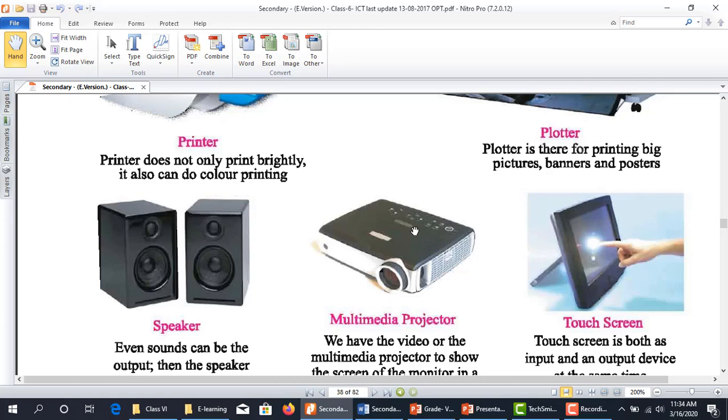You will see a lot of things on the screen by using the multimedia projector. So the multimedia projector is an output device. The speaker: if you want to hear music, talk, drama, or television, we use the speaker to hear something loudly. So the speaker is an output device.